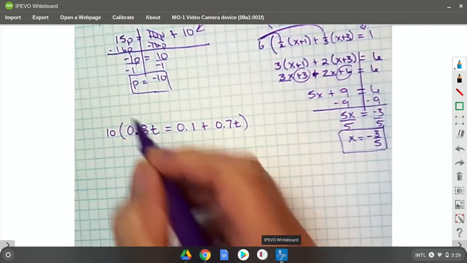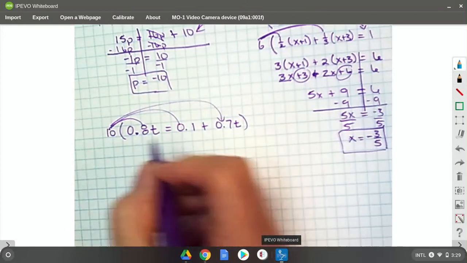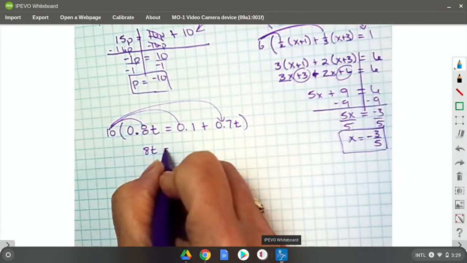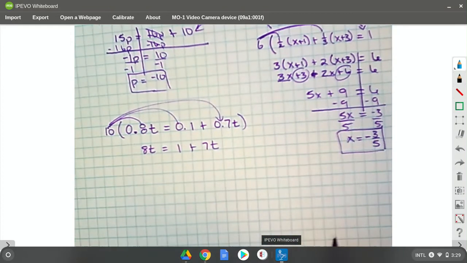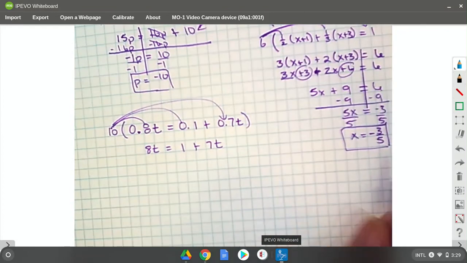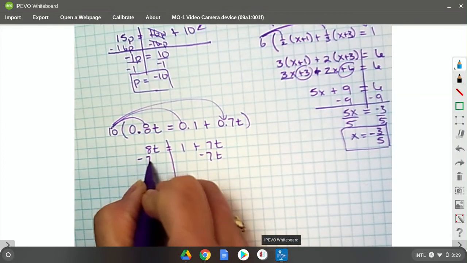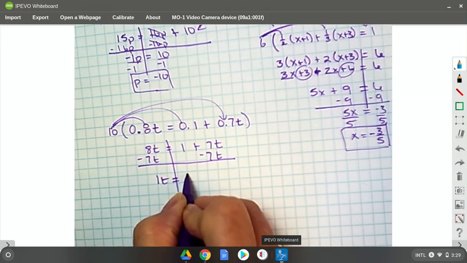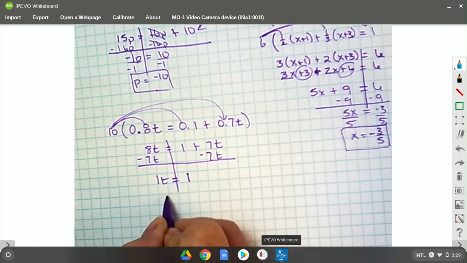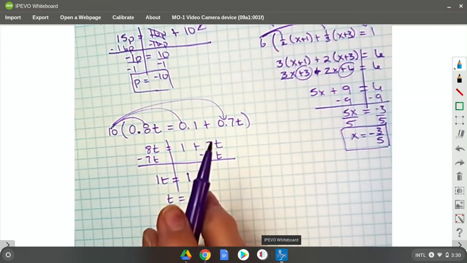So if I multiply a 10 to every term, I'm going to end up with 8t equals 1 plus 7t. No decimals. As long as I hit every term with the greatest one, then I am good to go. Minus 7t. Now I have 1t equals 1 and t equals 1. Okay? Works the same with the fractions as it does with the decimals.